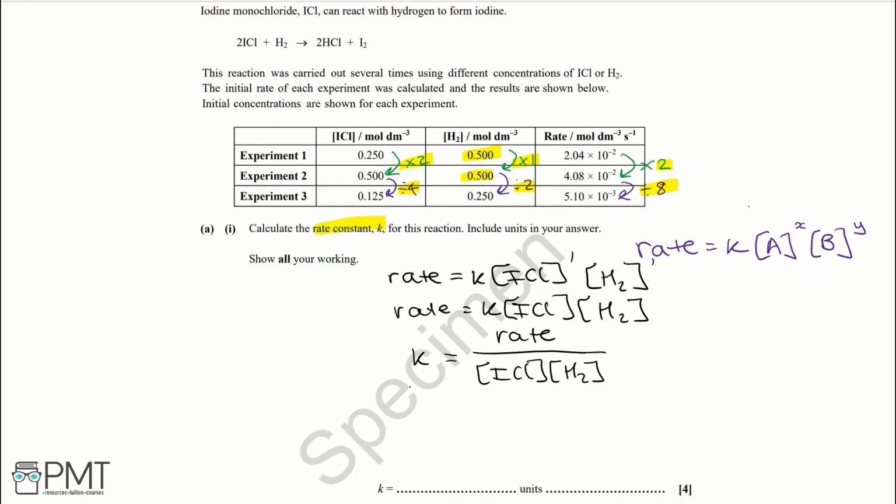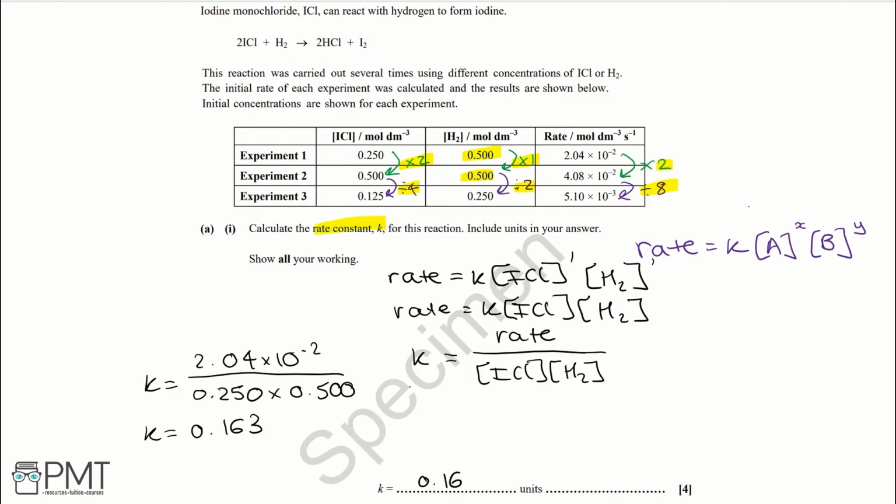So, using experiment 1, K is equal to 2.04 times 10 to the negative 2 divided by 0.250 times 0.500. That gives us a K value of 0.163, which we can then write on the answer line.